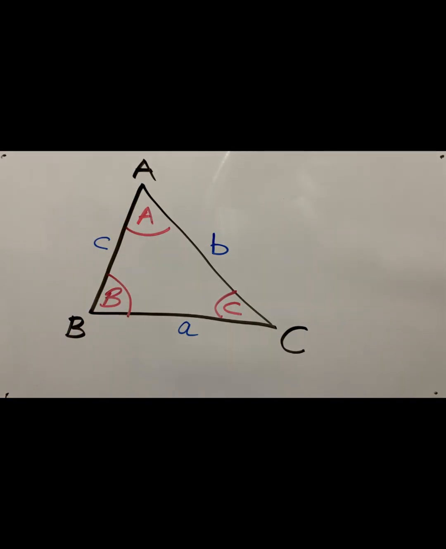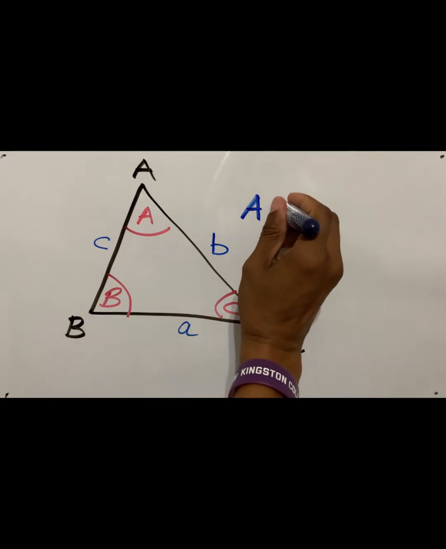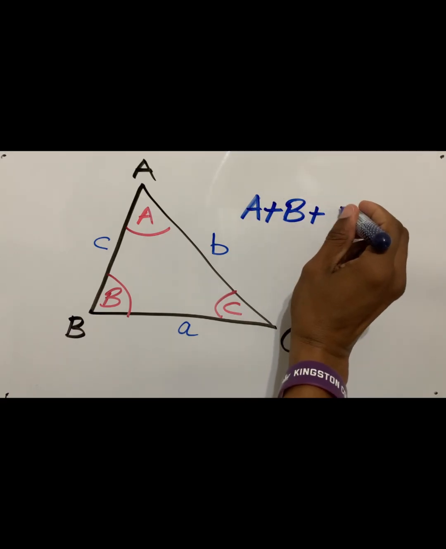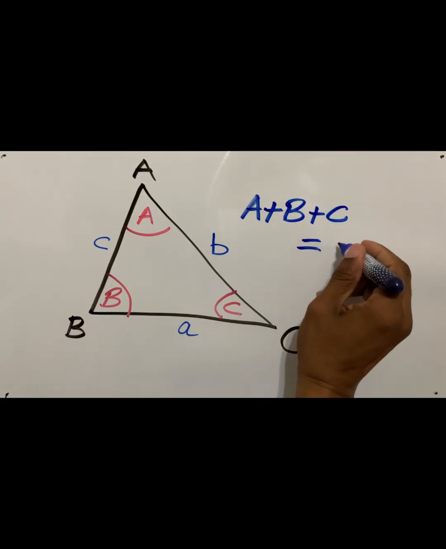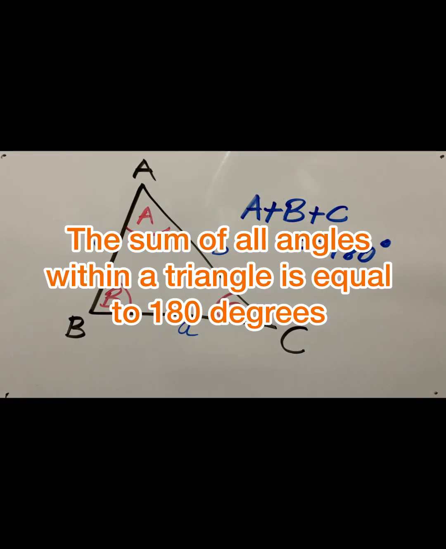Now, what we want to get into is that all angles in a triangle, so we have A plus B plus C, all of these angles, when you add them up, give you 180 degrees.